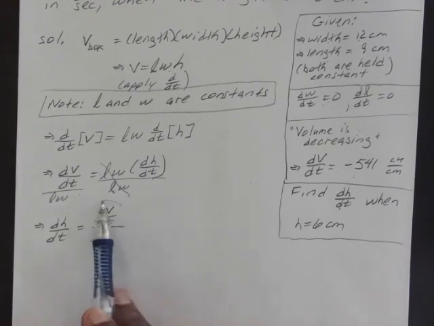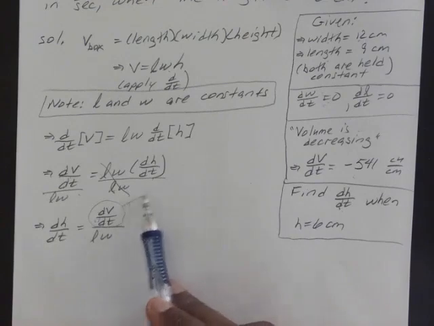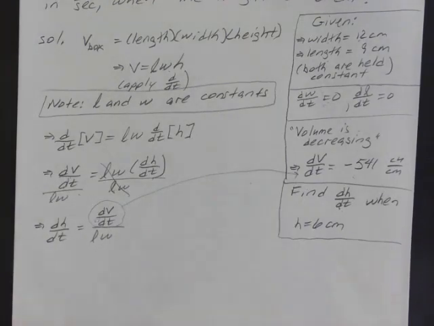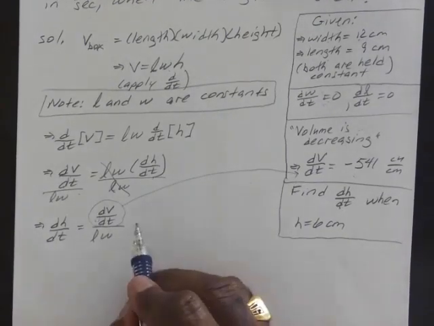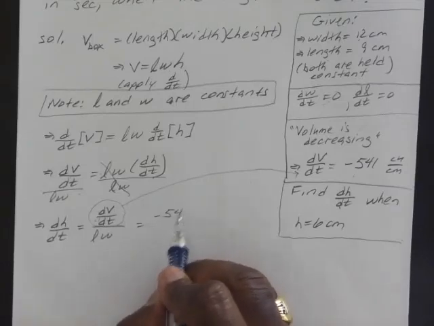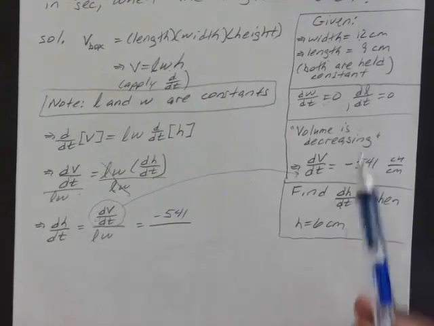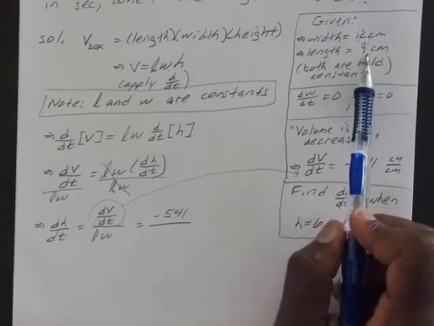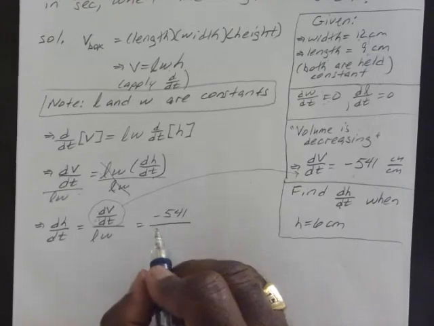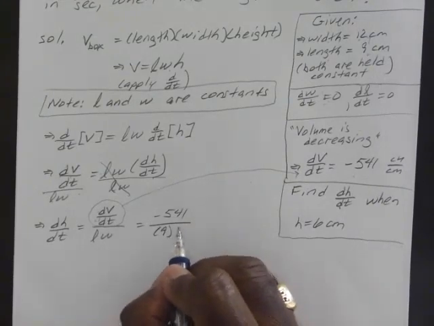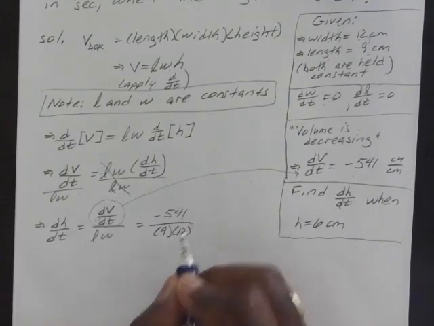So we already know our rate of change of the volume is negative 541. And we know our length and width are 9 and 12.